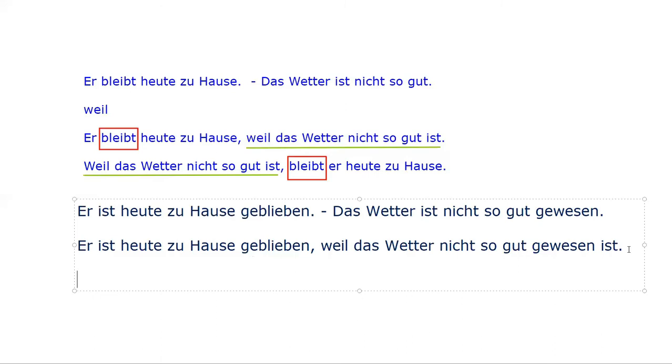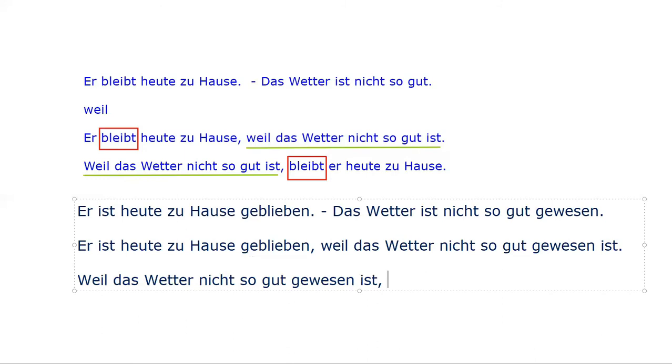Now, if we're starting the sentence again with a subclause, weil das Wetter nicht so gut gewesen ist, comma. Now, what comes next? Weil das Wetter nicht so gut gewesen ist is your full subclause. Nothing has changed. All we want to do to create variety is move that subclause to the beginning. But what comes second place?